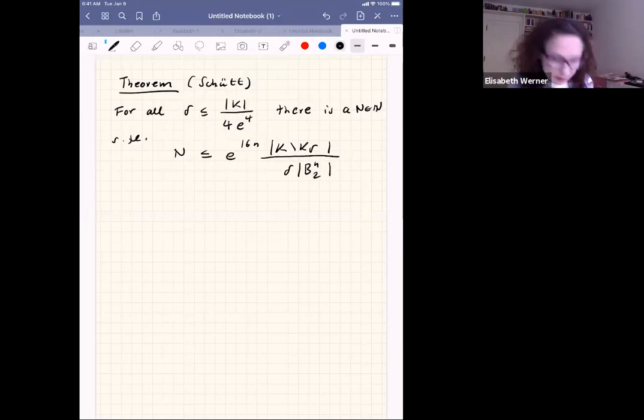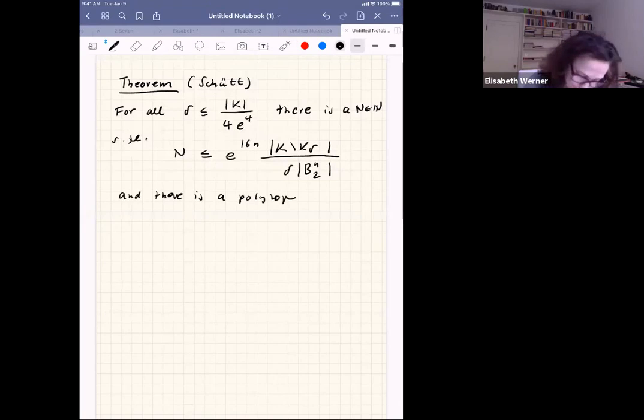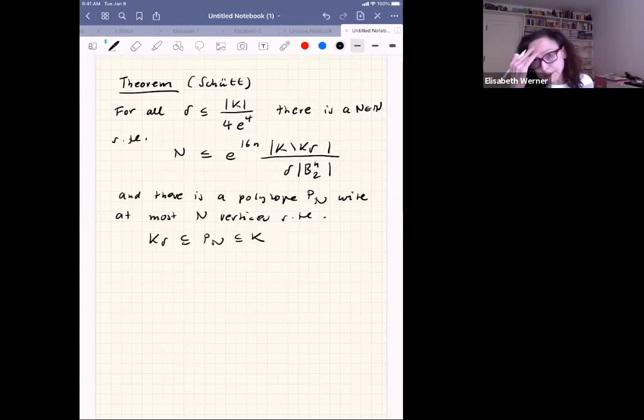So this is an estimate on the size of N, and there is a polytope Pn with at most N vertices, such that K delta is contained in Pn, is contained in K, and this polytope Pn we get by this floating body algorithm that I tried to explain in the previous pages.